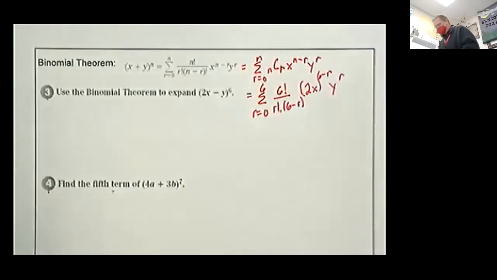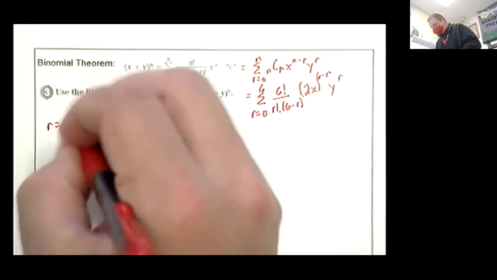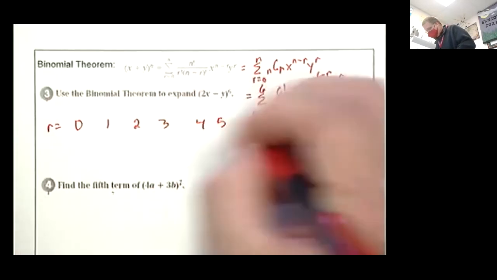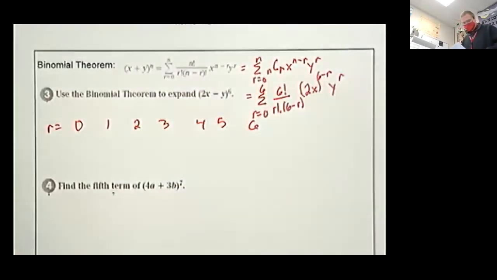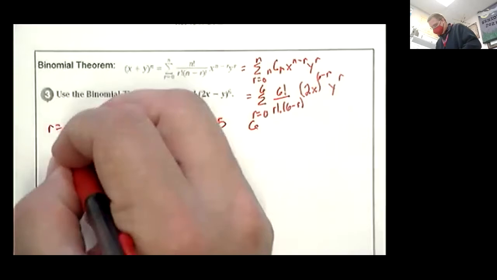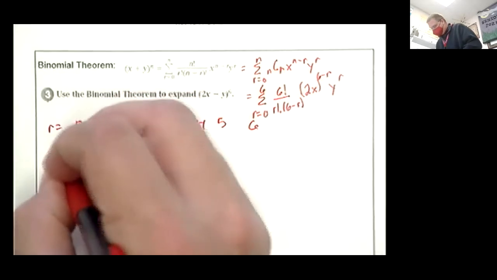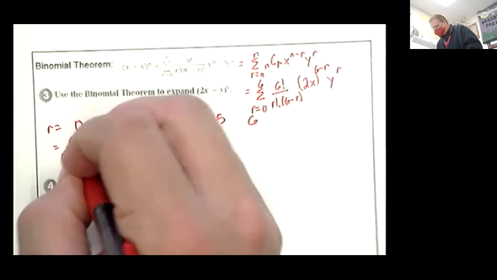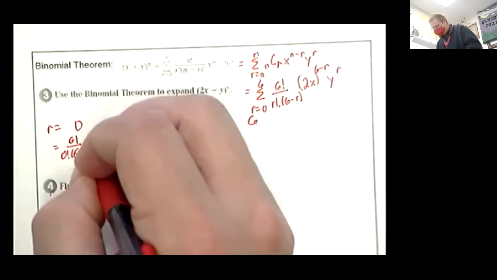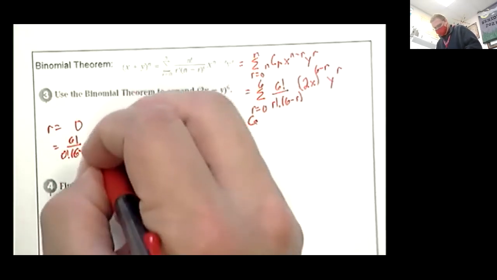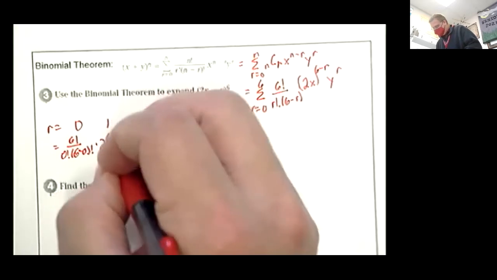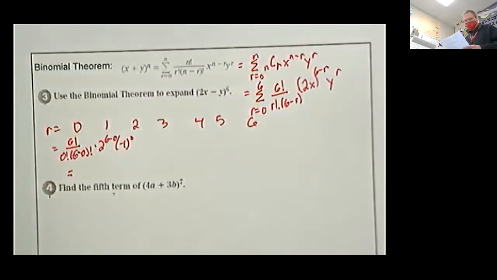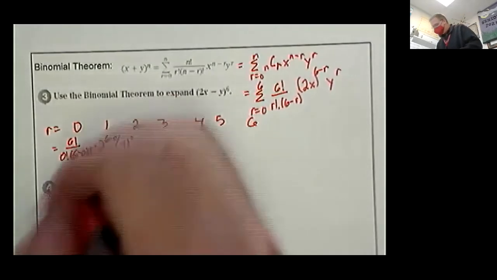So let's see what happens when we plug in r equals 0, 1, 2, 3, 4, 5, and 6. That gives us 6 factorial over 0 factorial, which is actually 1, times 6 minus 0 factorial, times 2 to the 6 minus 0, negative 1 to the 0. And that is our coefficient. We end up with 64.